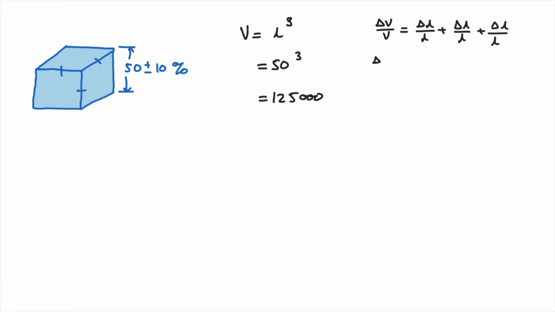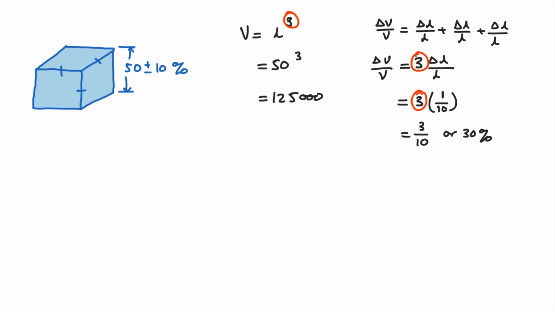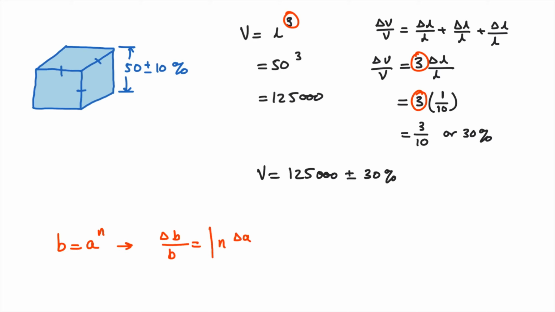When you add the fractional uncertainty, you will have to do it 3 times because you are multiplying the length by itself 3 times. This is same as multiplying the fractional uncertainty by the exponent value, which is in this case 3. Therefore, when dealing with exponents, the fractional uncertainty of the measurement is multiplied by the value of the exponents.